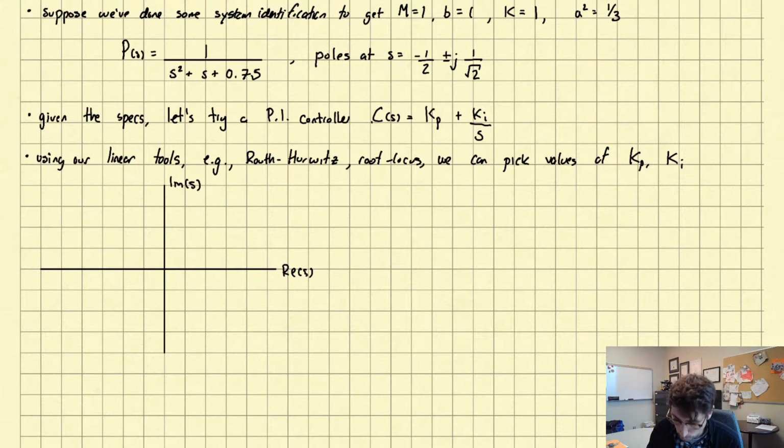So the plant, we said, had poles at -1/2 plus or minus j times 1/√2. Our controller, well, let's rewrite our controller in the following way.